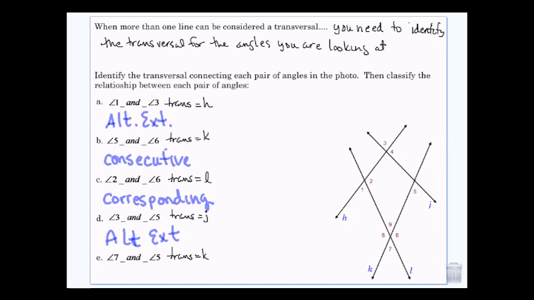And then finally, I had 7 and 5. So 7 and 5, I'm in the same position in the X's, so corresponding.